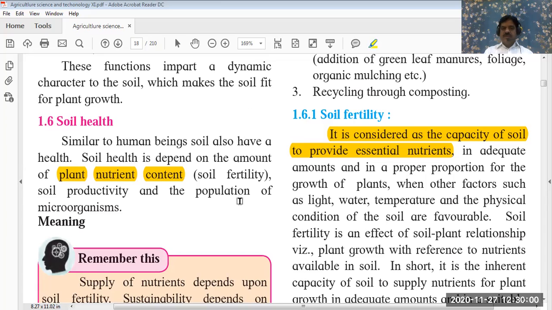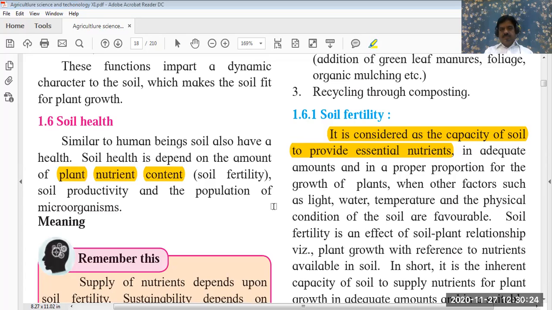That is not fertile soil and not productive soil. The soil which is fertile and productive is healthy soil in the sense of plant growth. Otherwise that soil will become ill soil, or can be called problematic soil or infertile soil. So soil health is also important.